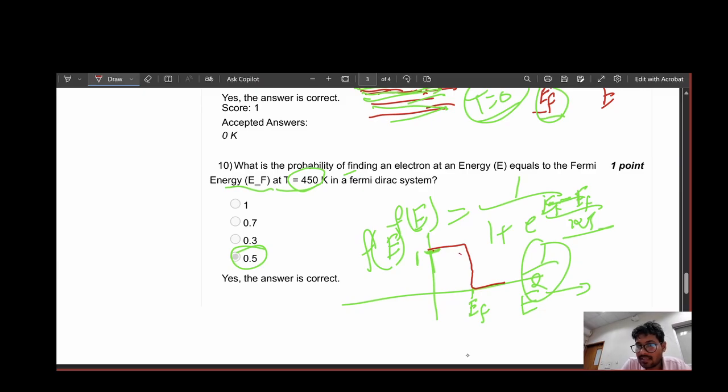At T greater than 0, this will be the graph. But it will pass through 1 by 2. At E equal to EF, it will be 1 by 2. So whatever the temperature, it will pass through 1 by 2.